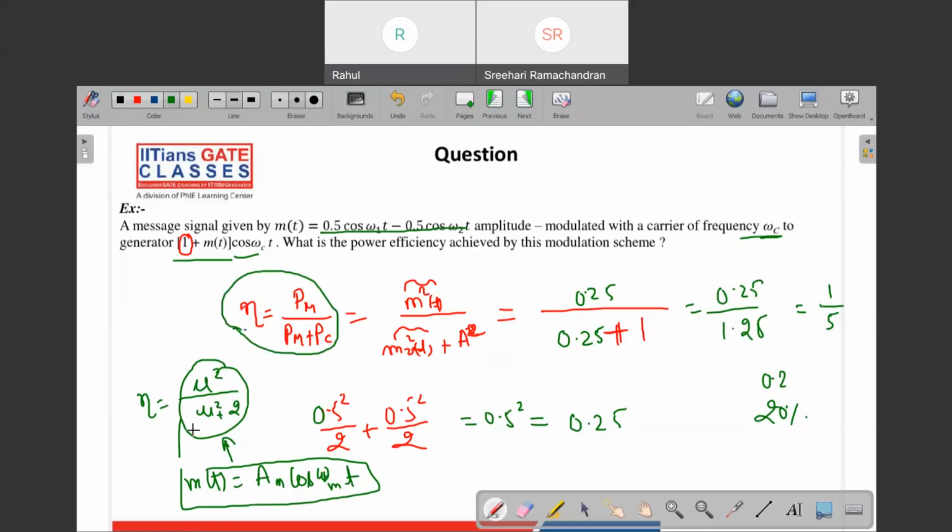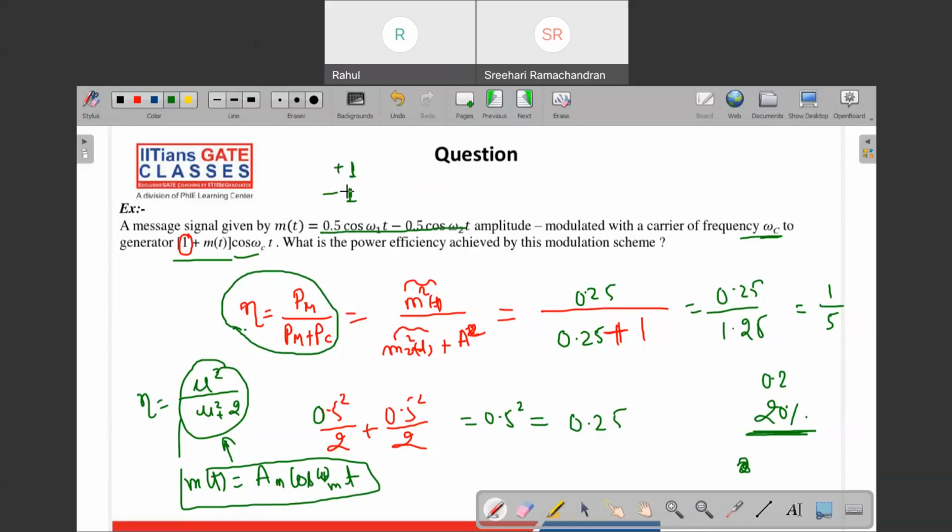If you use this formula, you will not get the 20% here, you'll actually get 33%. Because in this case, the maximum value of the message is plus 1 and the minimum value will be minus 1.